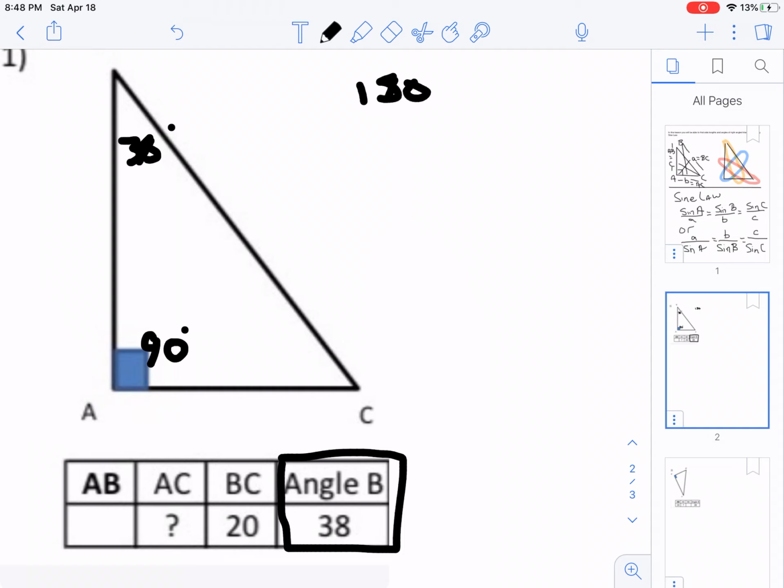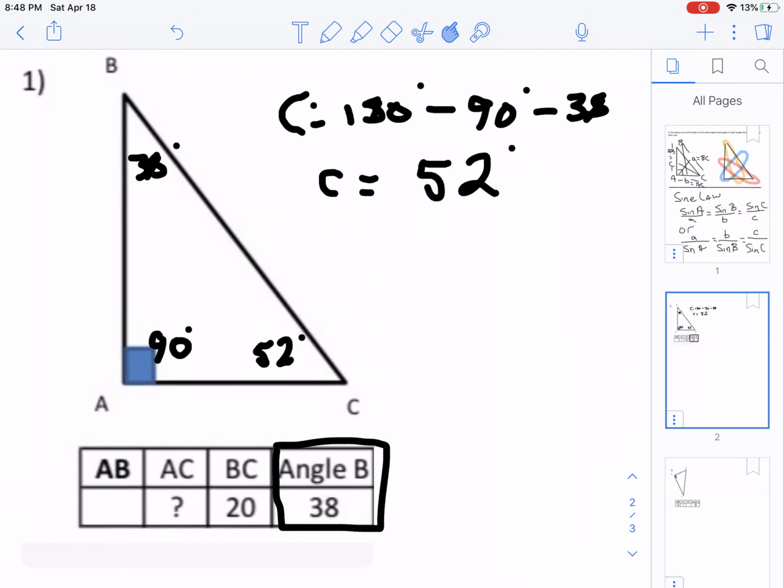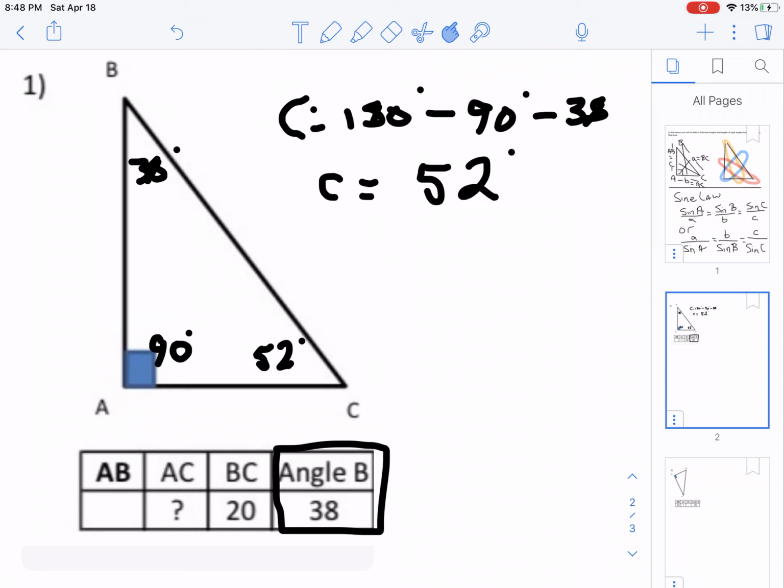So 180 degrees minus 90 degrees minus 38 degrees equals angle C. If I do the math with my calculator, that tells me angle C is 52 degrees. So that's the first step, finding all of the interior angles of the triangle.